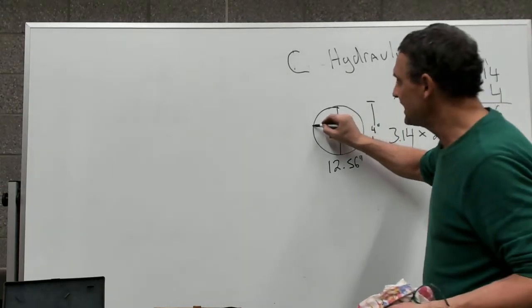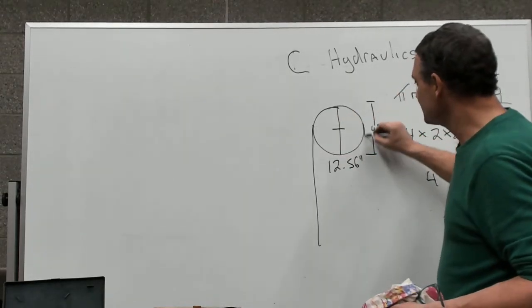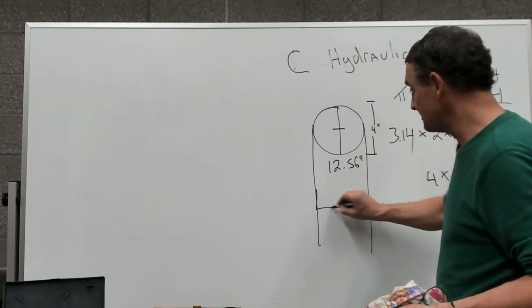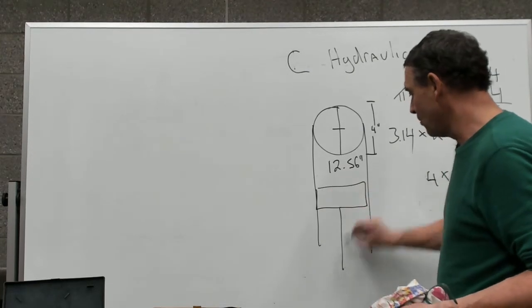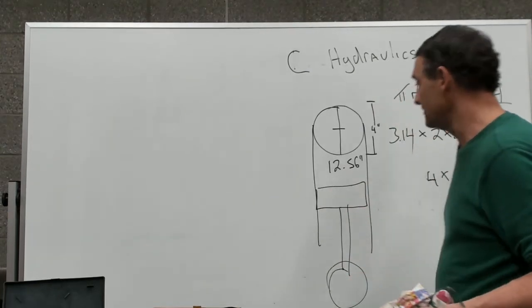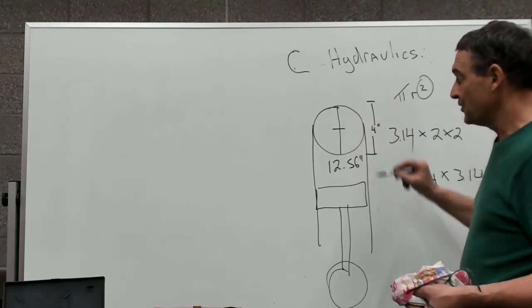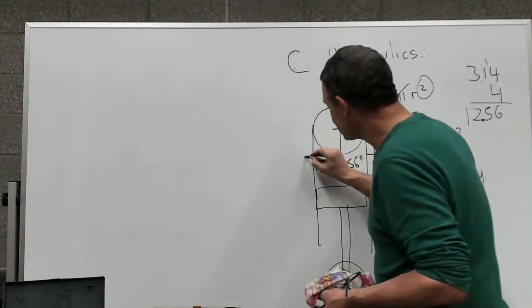So it's good to pay attention in A-line. Now this is a piston, and here is the crankshaft down here. We need to know the area of this piston. Say it has a 5-inch stroke.